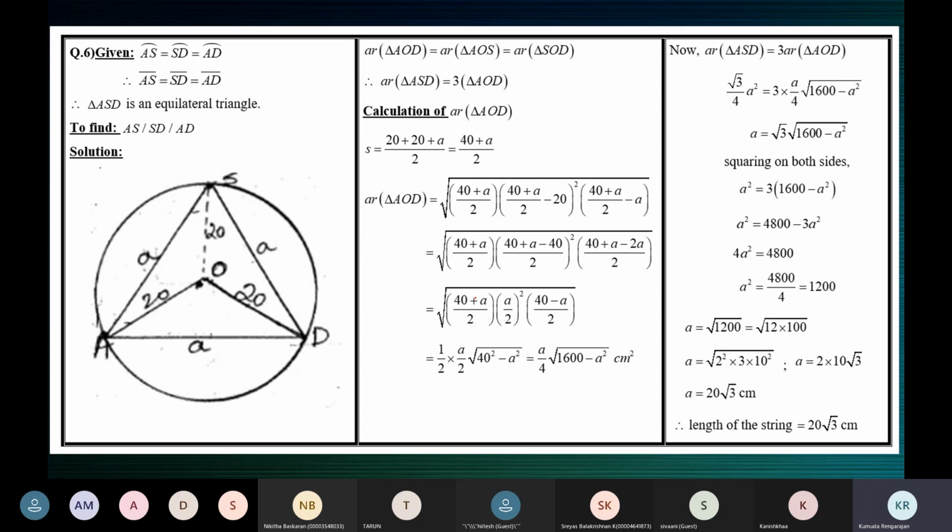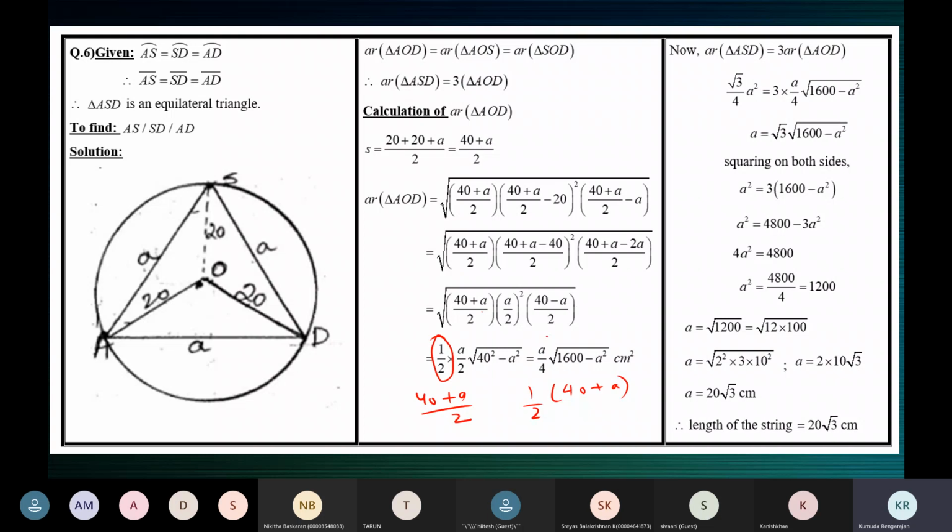See, it's multiplying the numerators, now under the square root you can look at them separately. I'm talking about this half, how this half comes out. This 40 plus a by 2 is nothing but half of 40 plus a.